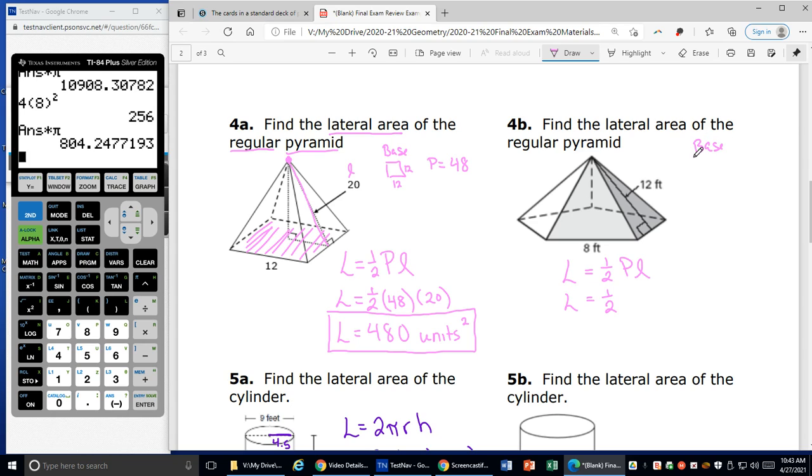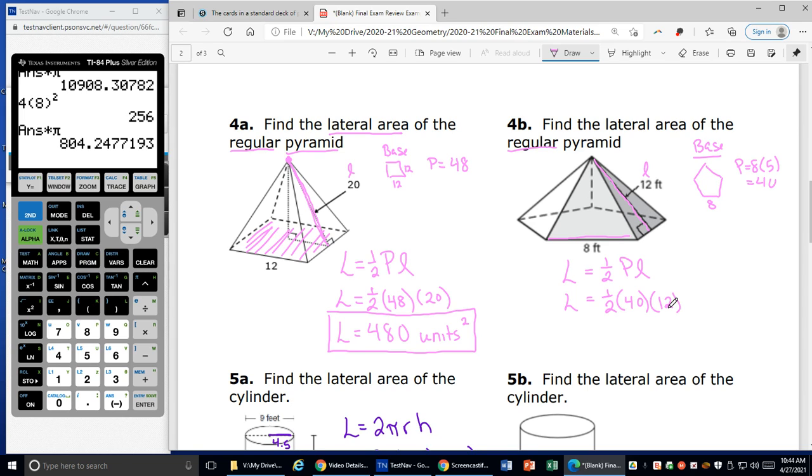So my base in this figure is a regular pentagon, which means all the sides are the same, and they are all 8. So my perimeter is 8 five times, which is 40. And then my little l, my slant height, is 12.